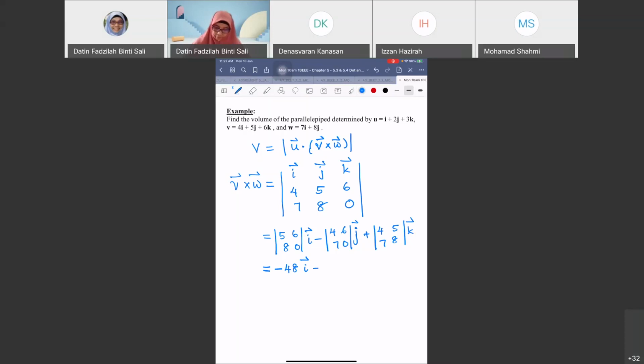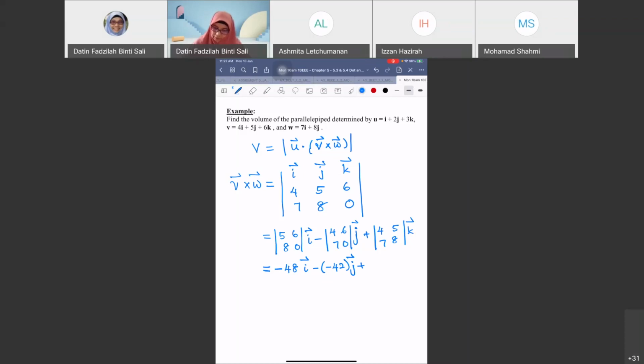Minus, for J, main diagonal also 4 times 0, 0. And then minus, put a bracket so that it will be correct plus or minus later on. Then 7 times 6. That is for the J. So you see, there's a positive there later on for the J. Plus, and then again, main diagonal 4 times 8, 32.